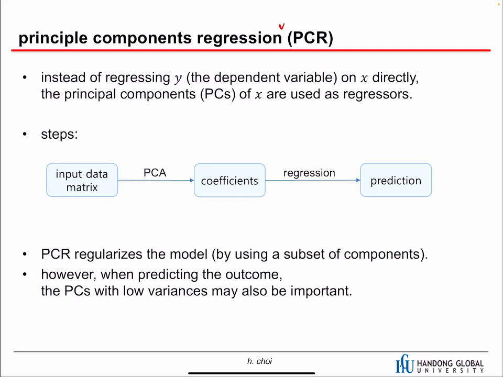Okay, and when we have a lot of features, then based on some algorithm, we can estimate the output y. But instead of regressing y on x directly, we can apply a PCA to x. Let's assume that the x is in a high dimensional space.